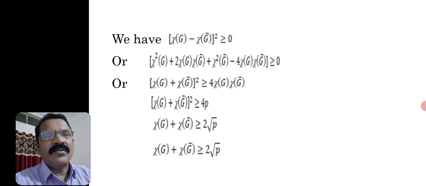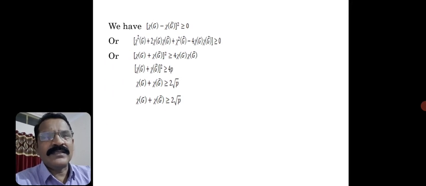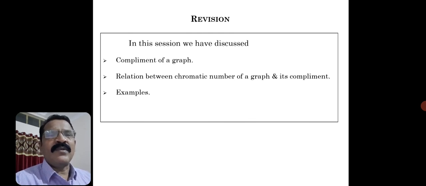Okay, so now let me consider what we have discussed in this result. So the revision, what are the ideas in this session. First we have considered what is the complement of a graph. That is, we have recapitulated the concept, because the result is based on the chromatic number of a graph and its complement.